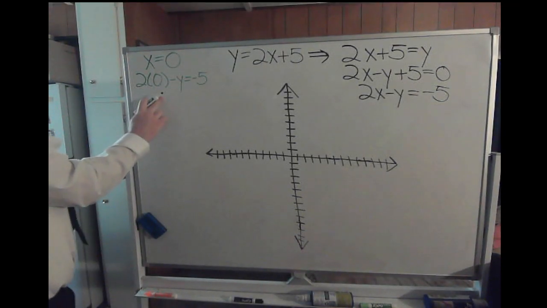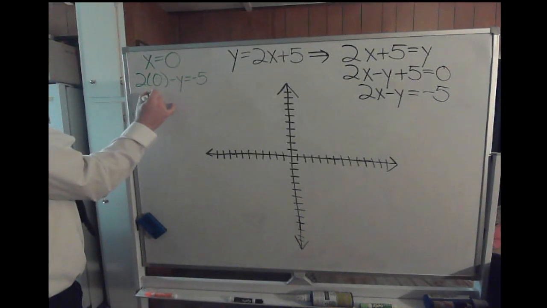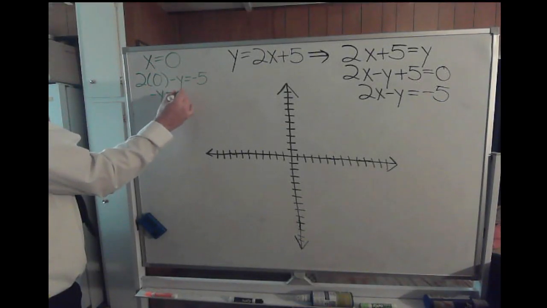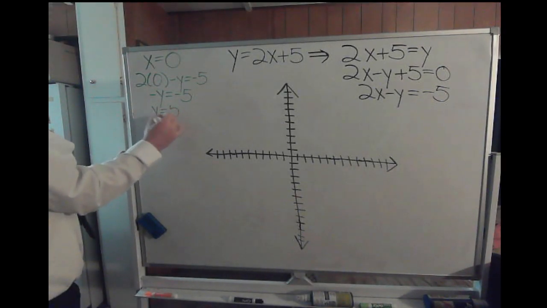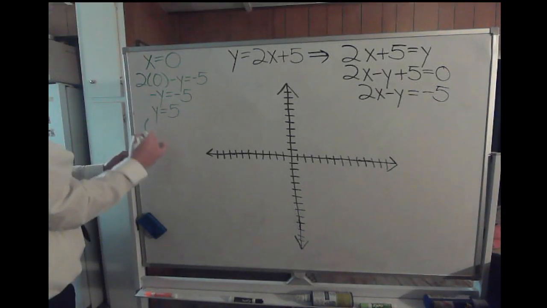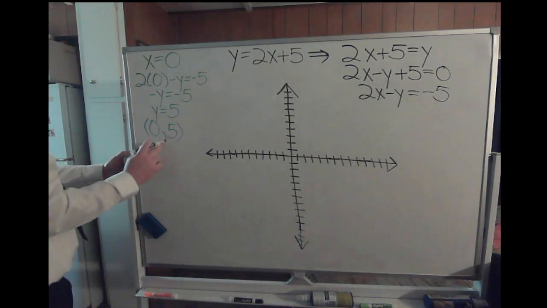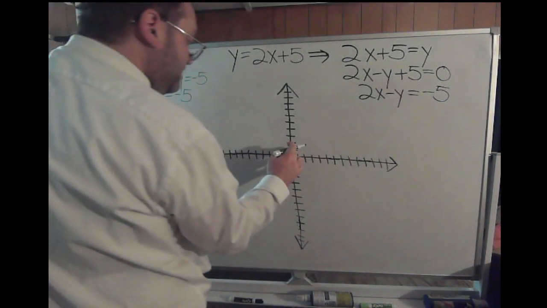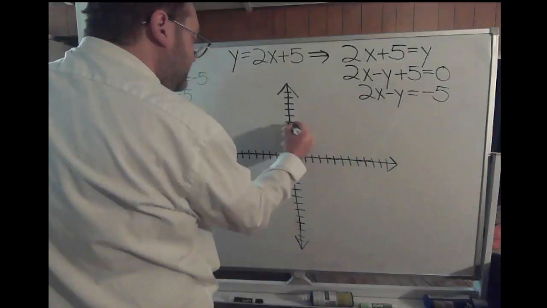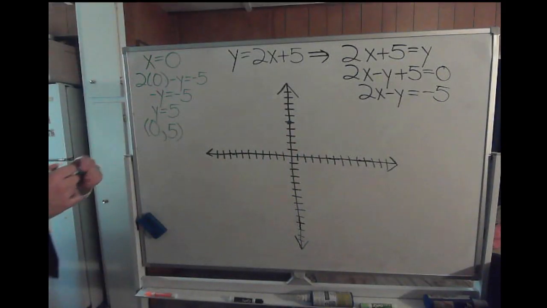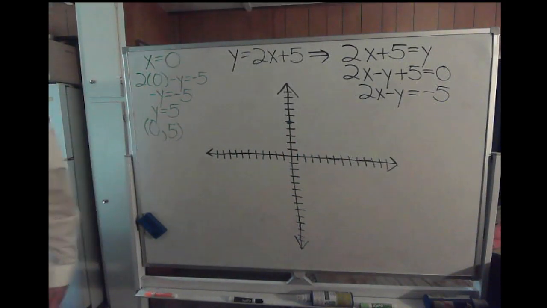Well, 2 times 0 is 0, so you just get negative y equals negative 5, which would mean y would equal positive 5. So when x is 0, y is 5. So you got an ordered pair of 0, 5. 1, 2, 3, 4, 5. So that's our first point we can plot, 0, 5.